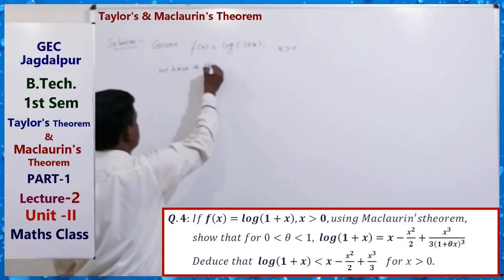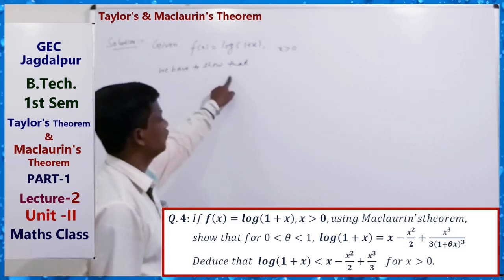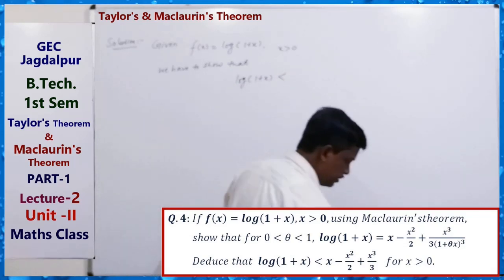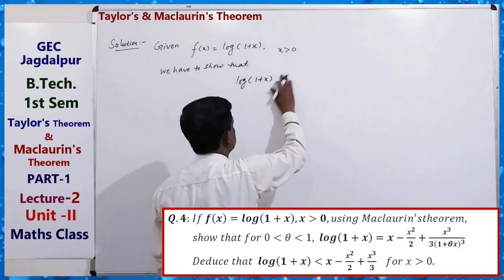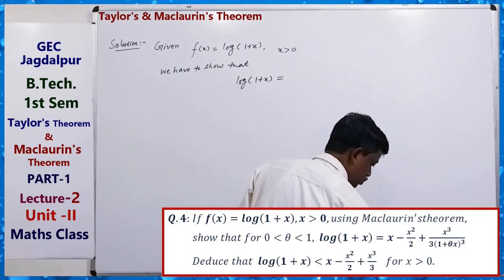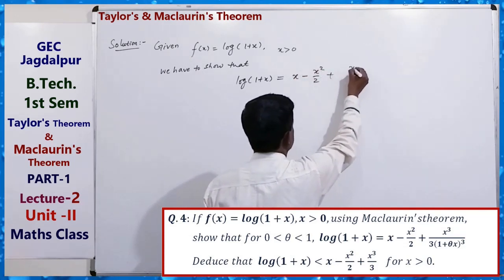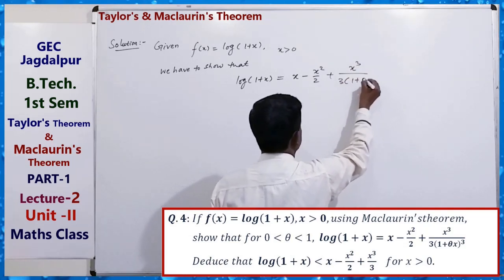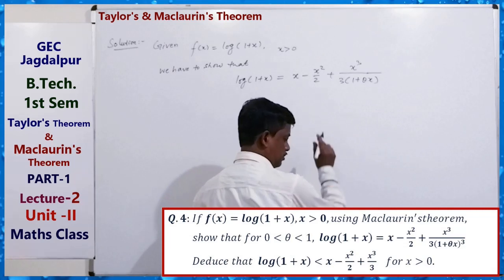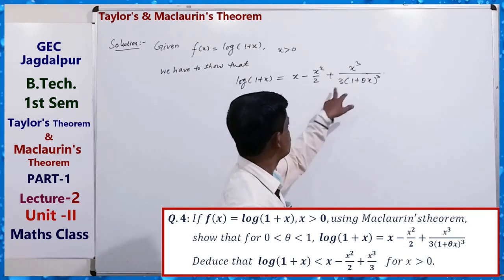We have to show that log(1 plus x) equals x minus x square by 2 plus x cube by 3 (1 plus theta x) cube.